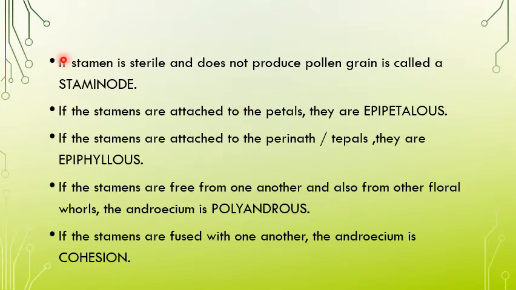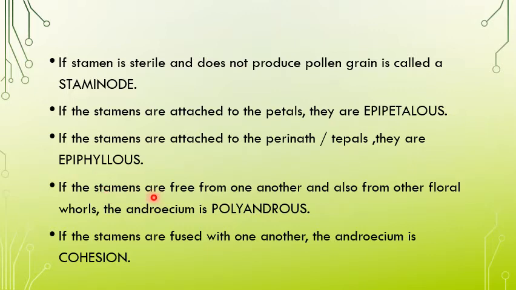So there are some characteristics or terminologies regarding the androecium. If a stamen is sterile and does not produce pollen grains, it is called a staminode. If stamens are attached to petals, they are called epipetalous. If stamens are attached to the perianth or tepals, they are called epiphyllous.